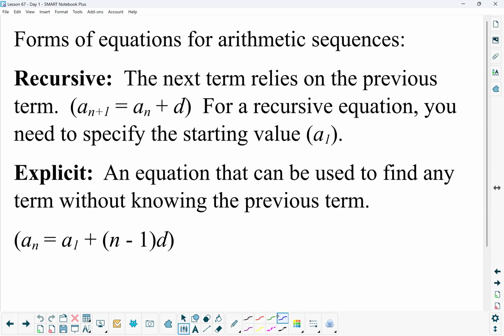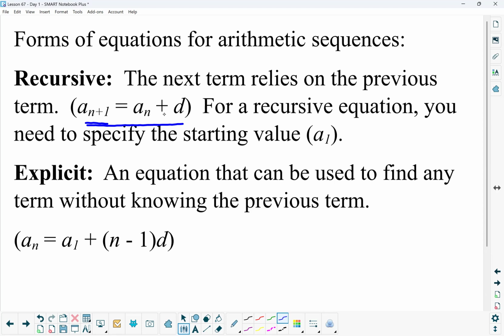As part of our assignment today, we are going to write two different equations. One is called a recursive equation. In a recursive equation, the next term relies on the previous term. It's written like this: A sub n plus 1, that's the next term, equals A sub n, the term we've previously been on, plus our common difference.